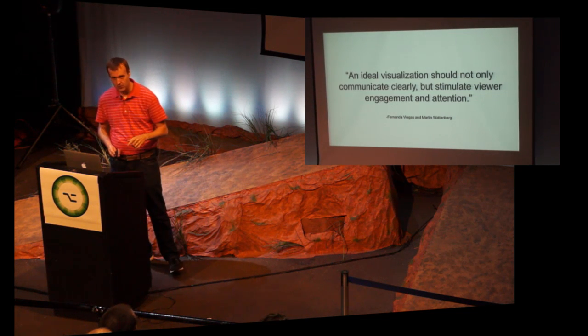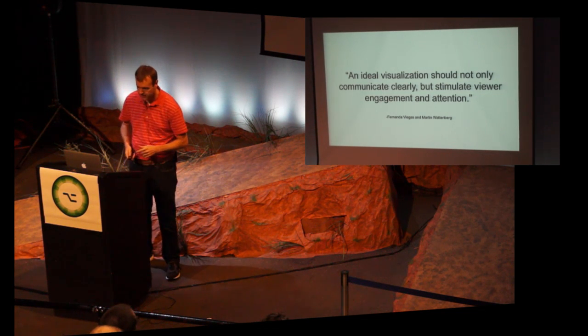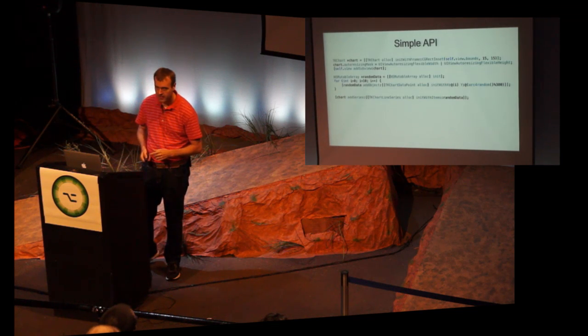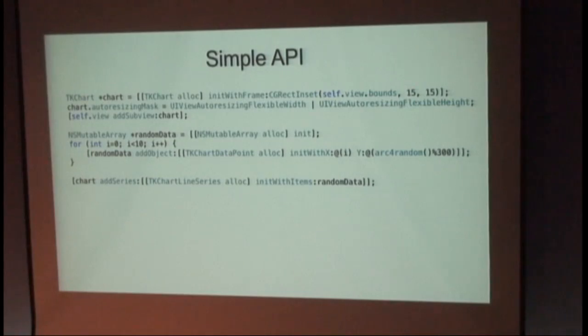From there, we started looking at a simple API. This is an example in a viewDidLoad event. You can see we had just our TKChart, and we were just newing that up using an auto resizing mask. And to the self.view, we were adding the subview of the chart.